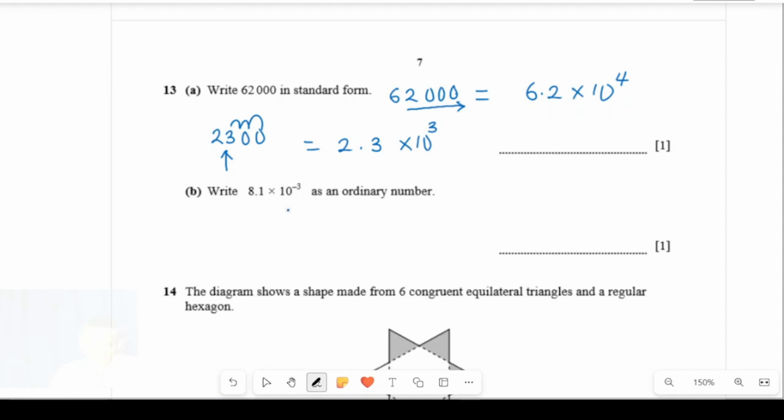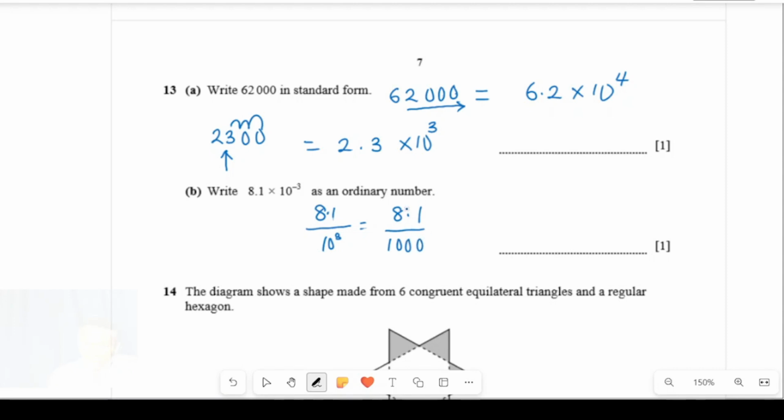Okay, that's for positive. Now write 8.1 times 10 raised to power negative 3 as an ordinary number. What this one means is 8.1 divided by 10 raised to power 3, which is the same thing as 8.1 divided by 1,000.